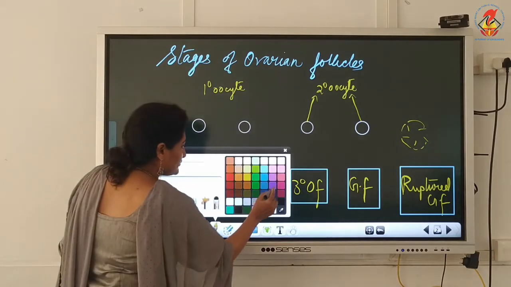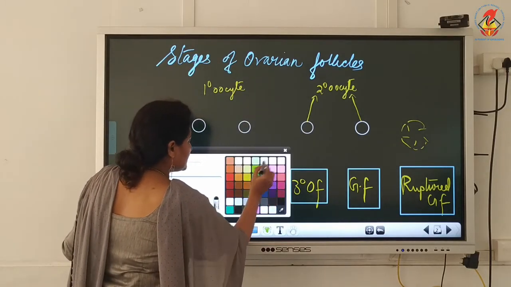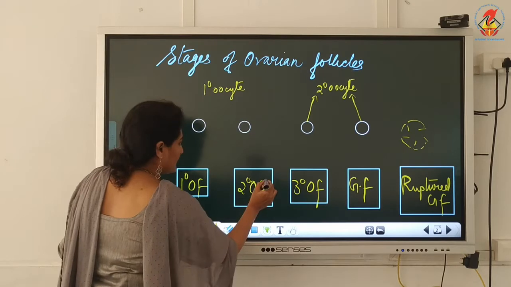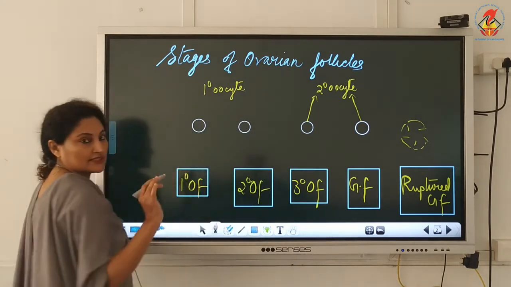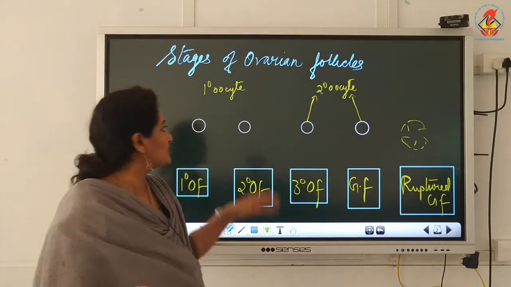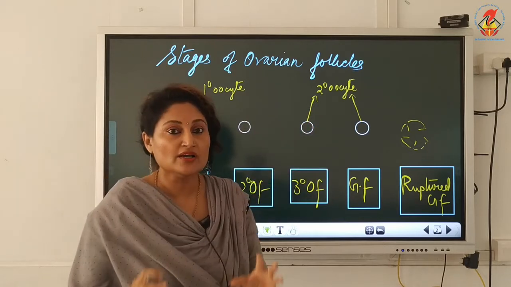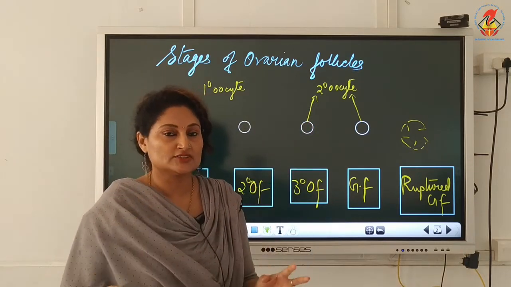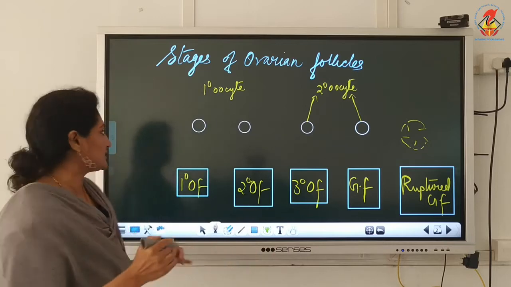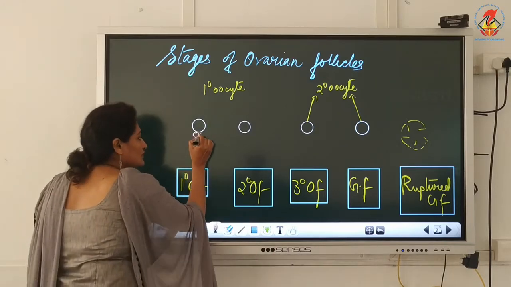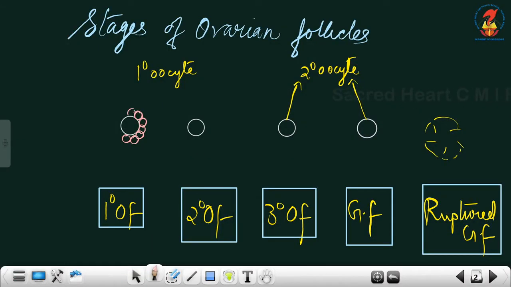Now this oocyte is surrounded by follicular cells. So any oocyte, whether it is primary or secondary, is surrounded by follicular cells. Follicular cells are granulosa cells. So what are these structures called?